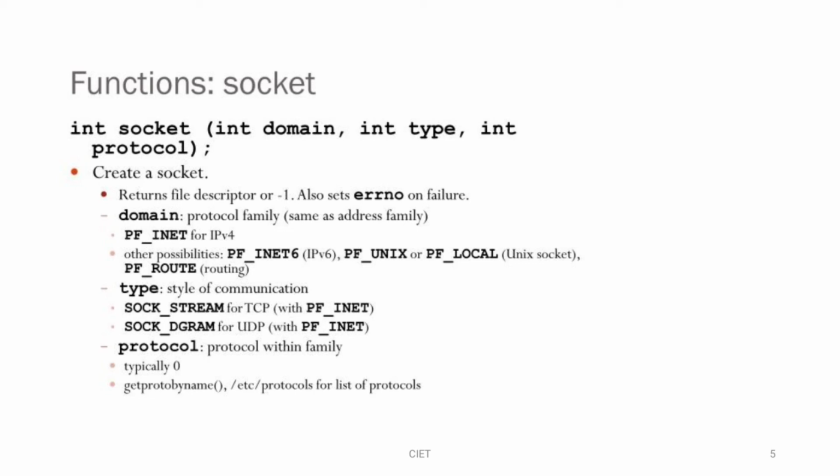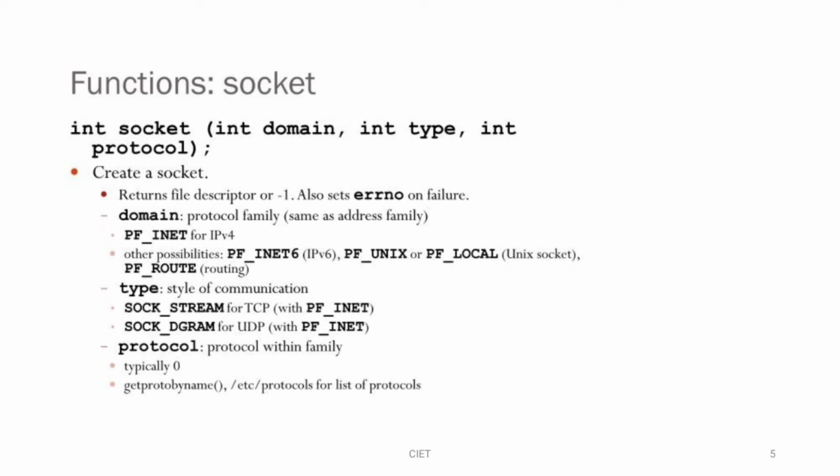The protocol family may take IPv4, Internet Protocol version 4, or IPv6. Generally we take the IPv4 version, and other possibilities like Unix sockets or IPv6 are also possible, but in general we are taking the example of IPv4.